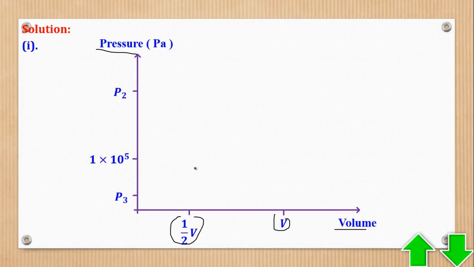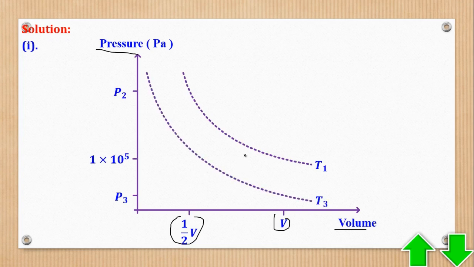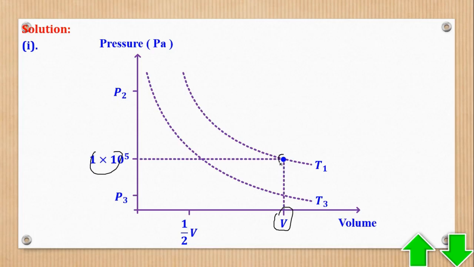First of all, we shall also need the isothermal curves for the two different temperatures. Initially the volume was V and the pressure was 1 × 10^5, meaning it is initially at this point.